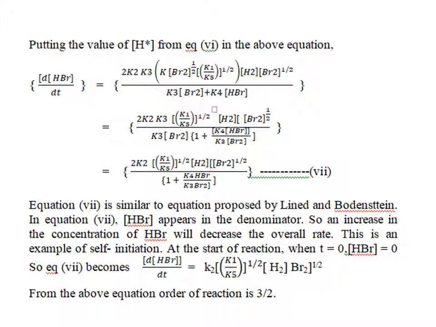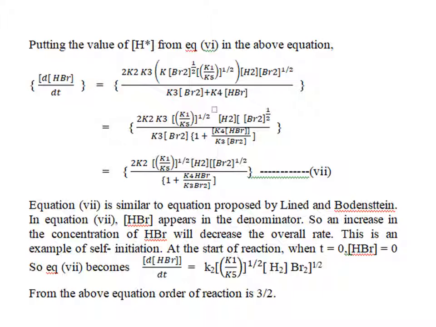Now we can rearrange this equation, that is dHBr over dt, that will be equal to 2K2 K1 over K5 under root into H2 Br2 concentration under root over 1 plus K4 HBr over K2 Br2.